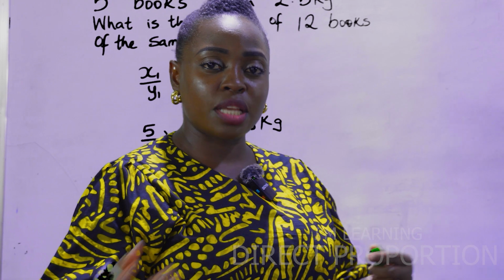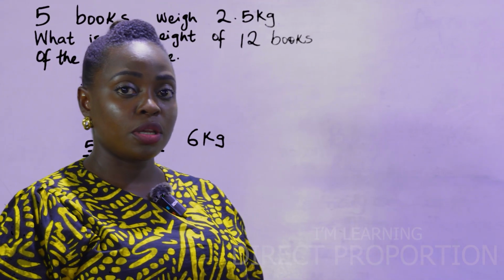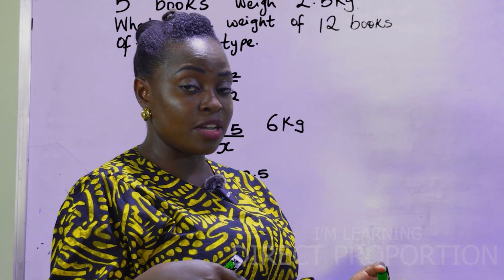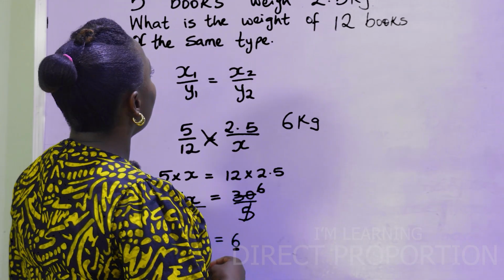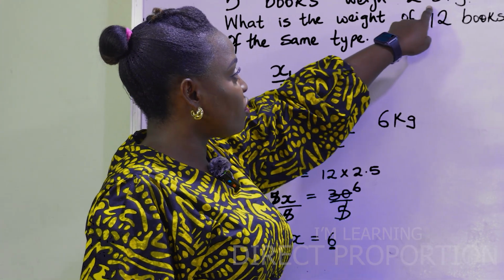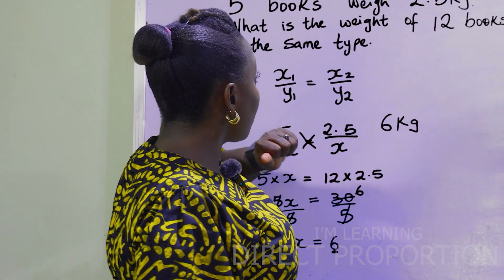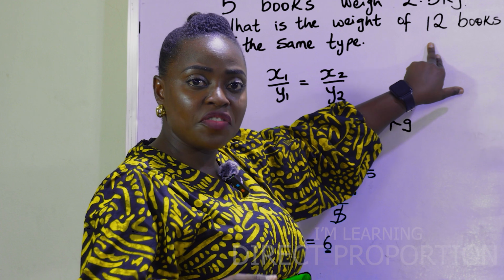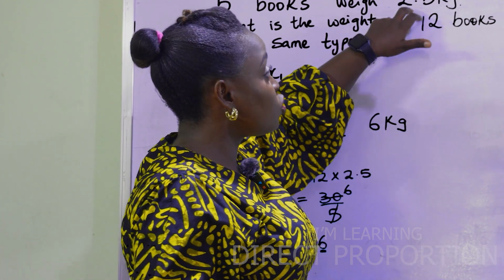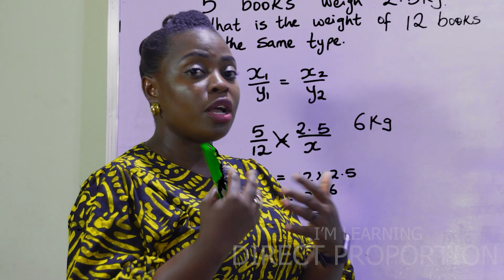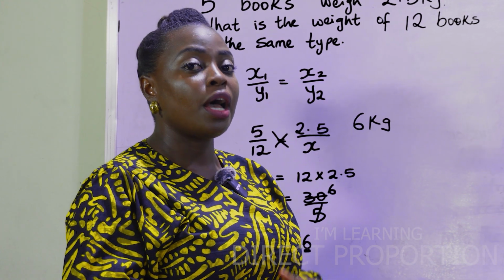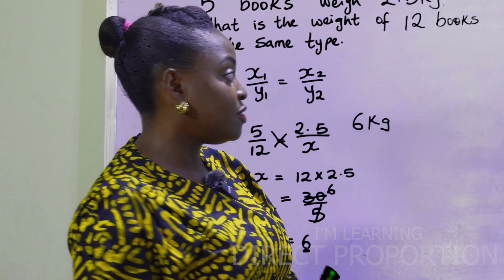All right, now let's look at the second way of solving this question. If more, less divides. If less, more divides. Now, 5 books will weigh 2.5 kg. That means that 12 books will definitely weigh a lot more than 2.5 kg. So that means we are looking for a value that is more than 2.5 kg. And if more, less divides.